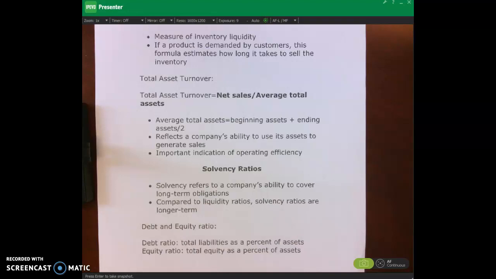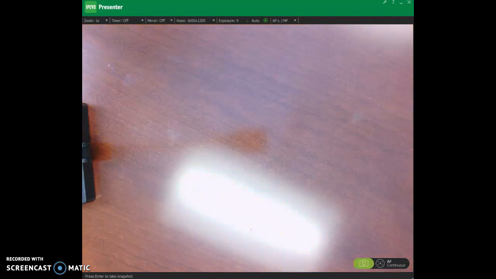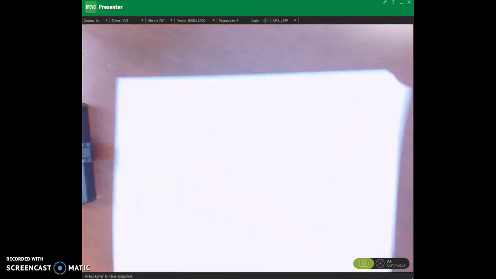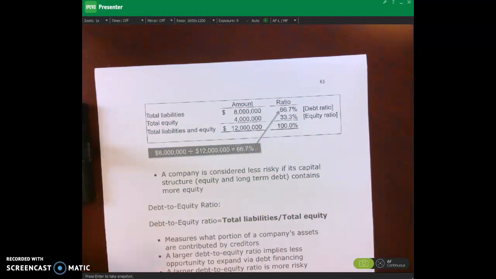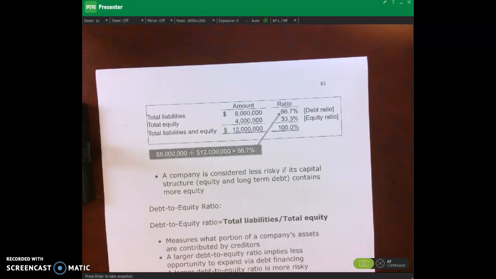So our first ones are our debt ratio and our equity ratio. With our debt ratio, we express total liabilities divided by total assets. So we're showing total liabilities, our debt, as a percentage of total assets, and total equity as a percentage of assets. If you look over here, we have our debt ratio, and then we have our equity ratio.